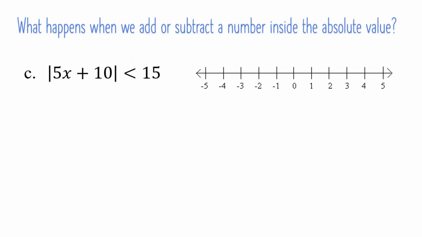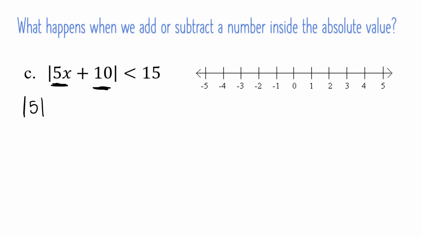This inequality is slightly different because rather than just having an x, we have this 5x. Luckily, 5 is a common factor between 5x and 10, so we can factor that out. You just want to be careful because this is the absolute value of 5x plus 10, so when we factor that 5 out, we also want to put it inside absolute value bars.